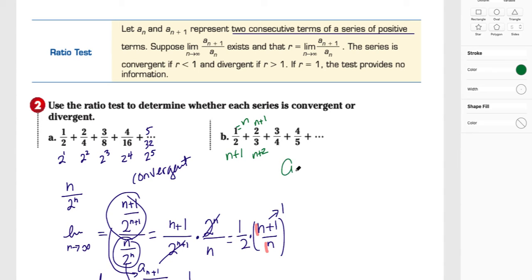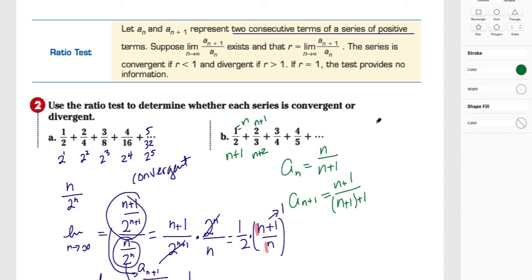So a sub n is equal to n over n plus 1. So a sub n plus 1 has to be n plus 1 over n plus 1 plus 1. Yeah? So we're going to find the ratio with a sub n plus 1 at the top and a sub n at the bottom.